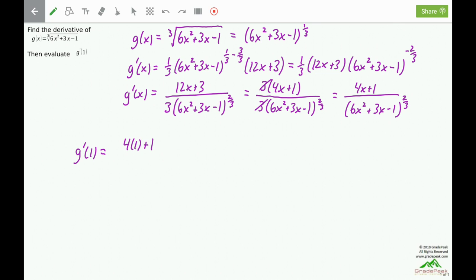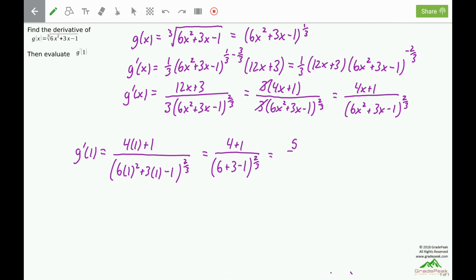So I will have a 4 times 1 plus 1 divided by 6 times 1 squared plus 3 times 1 minus 1, all raised to the 2/3 power. 4 times 1 is a 4 plus a 1, divided by 1 squared is 1 times 6 is a 6, plus 3 times 1, which is a 3, minus 1, and then all of that raised to the 2/3 power. 4 plus 1 is 5. 6 plus 3 is 9, minus 1 is 8. 8 to the 2/3 power.